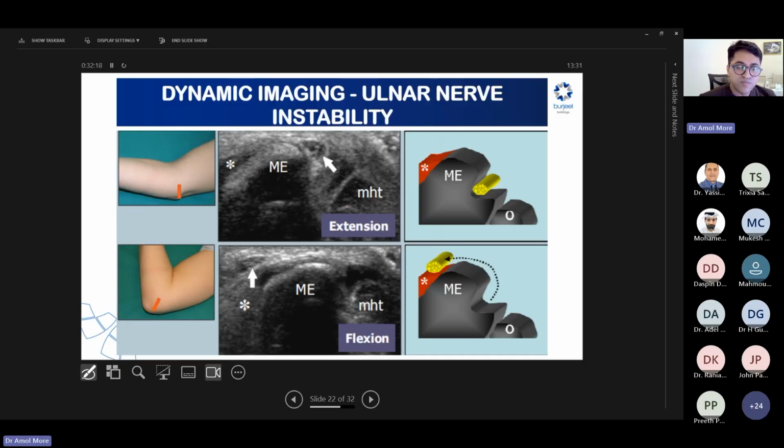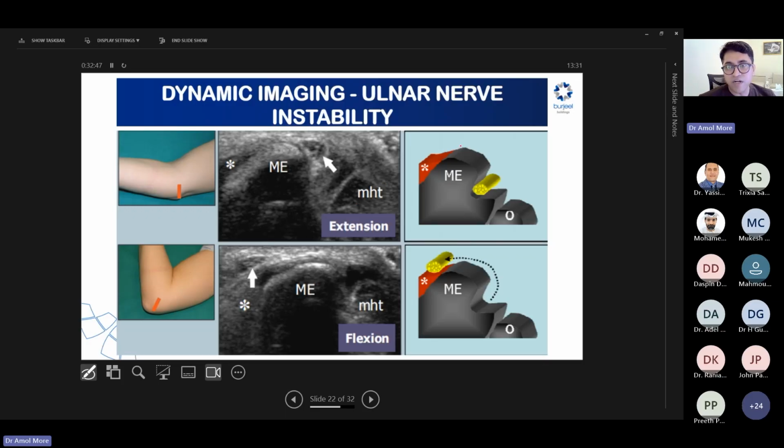In extension, you can see the honeycomb-like pattern lying in the cubital tunnel. When there is snapping of the ulnar nerve because of a weak or hypoplastic Osborne ligament, in flexion the ulnar nerve will come out of the cubital tunnel. This is the dynamic assessment of ulnar nerve instability.